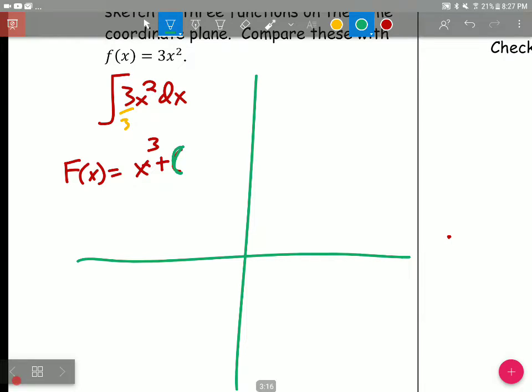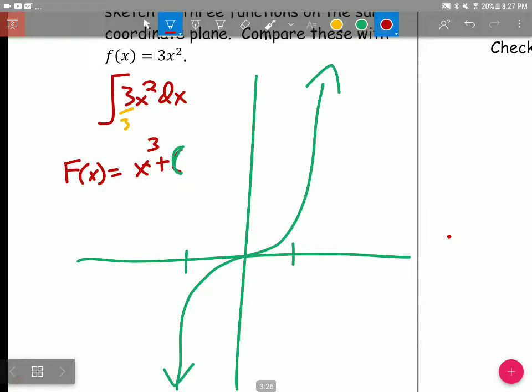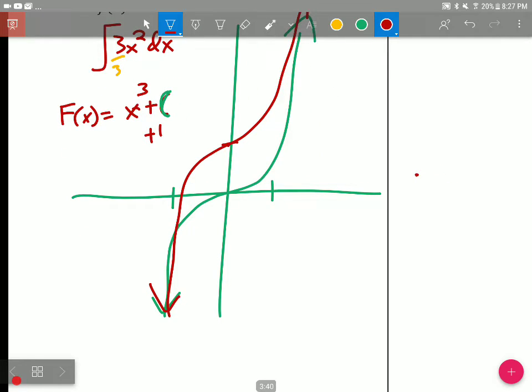If C were 0, you're going to have something that kind of comes up like this. That's what it's going to look like. If you said C was 1, so let's say it's x cubed plus 1, it's going to be the exact same thing, but it's going to cross right there at 1 and do the same idea. If it was negative 4, so let's say negative 4 is down here.